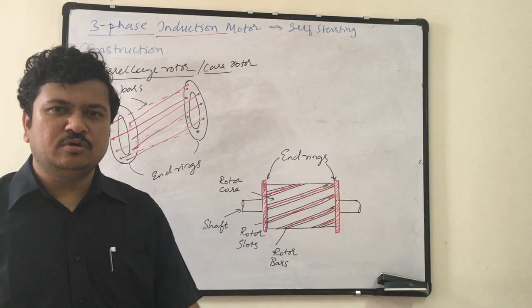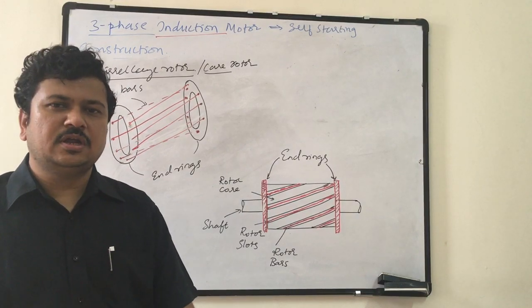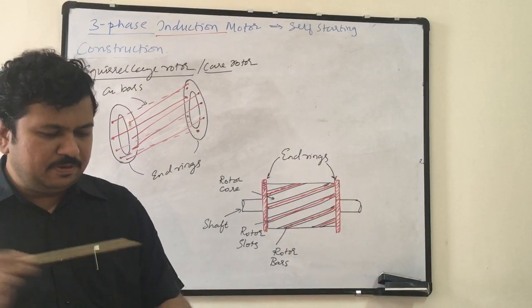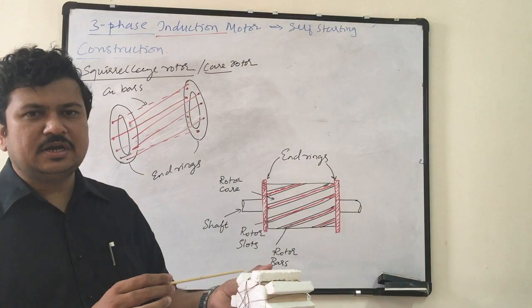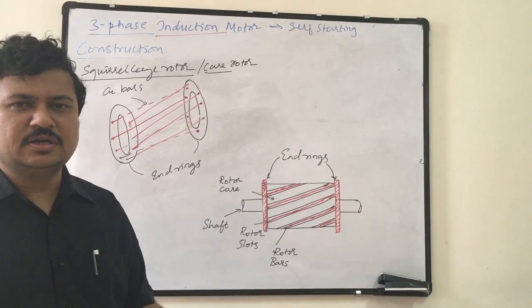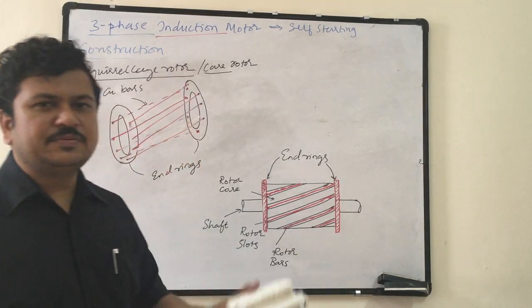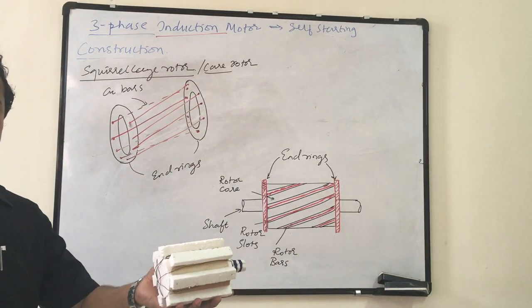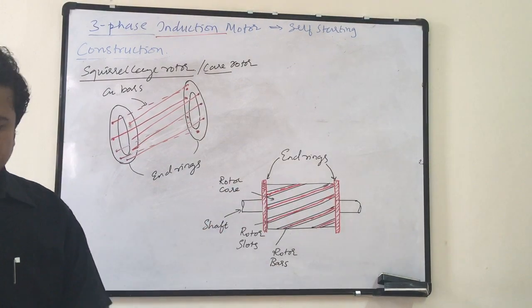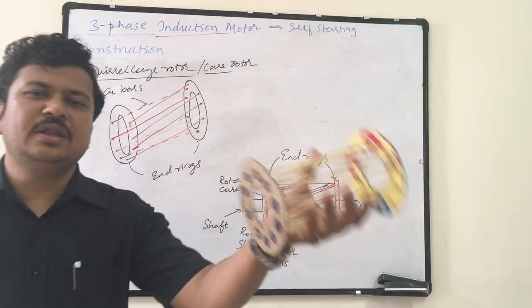But generally what we do, we don't use the slots here, we punch the hole and I insert the conductor and I brace the conductors on both the ends using end rings. This will form the squirrel cage structure. So this is the slip ring induction motor rotor, this is the squirrel cage induction rotor.